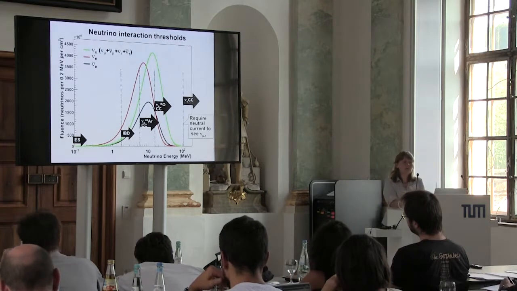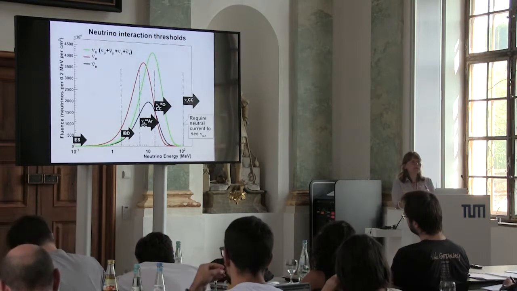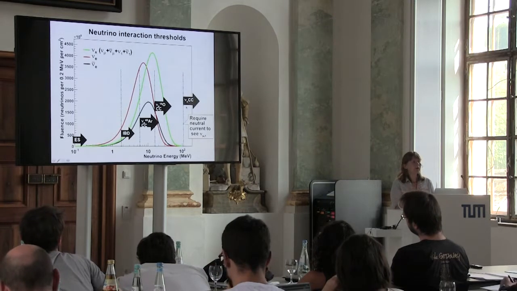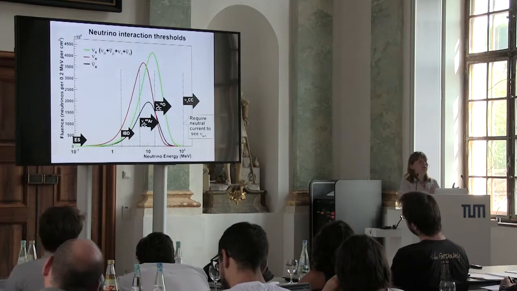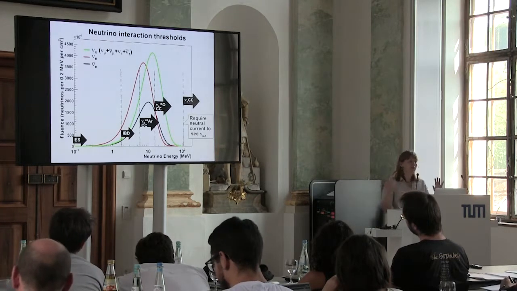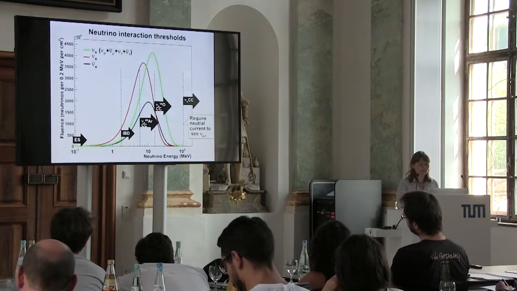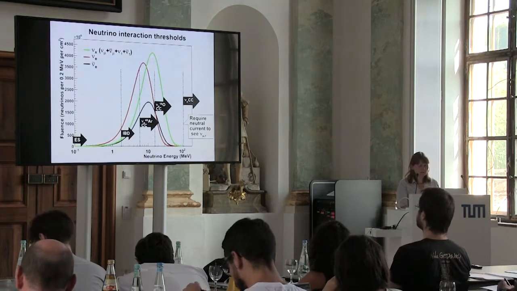And actually, in the supernova also, because energies are such that there's no charge current interaction with muon neutrinos, they're all degenerate. The nu mus and nu taus are basically all the same flux coming out of the supernova. There are small differences, but it's basically the same. So that's why nu x is all of these together.